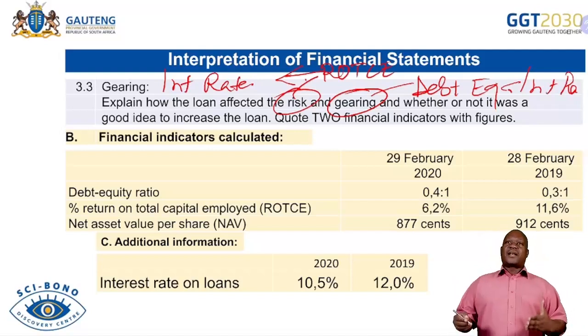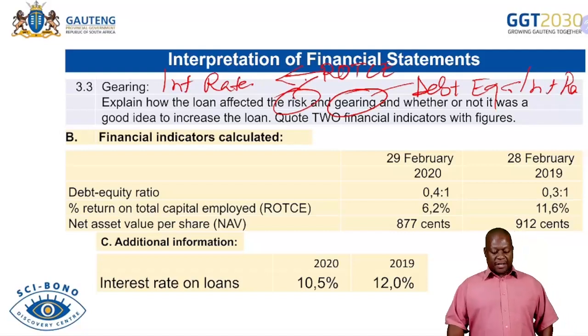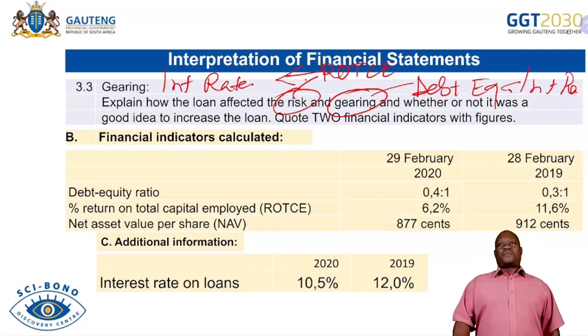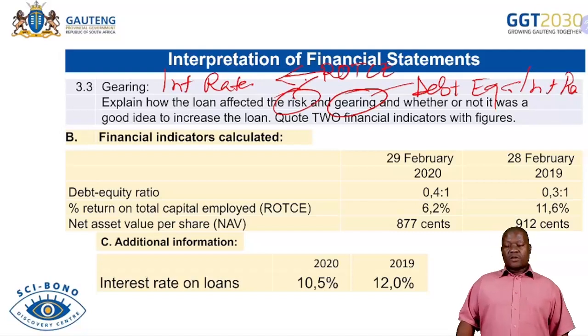So check what's happening to our gearing. Debt equity increased from 0.3:1 to 0.4:1. Let's check what happened to our return on total capital employed. Went down from 11.6% to 6.2%.